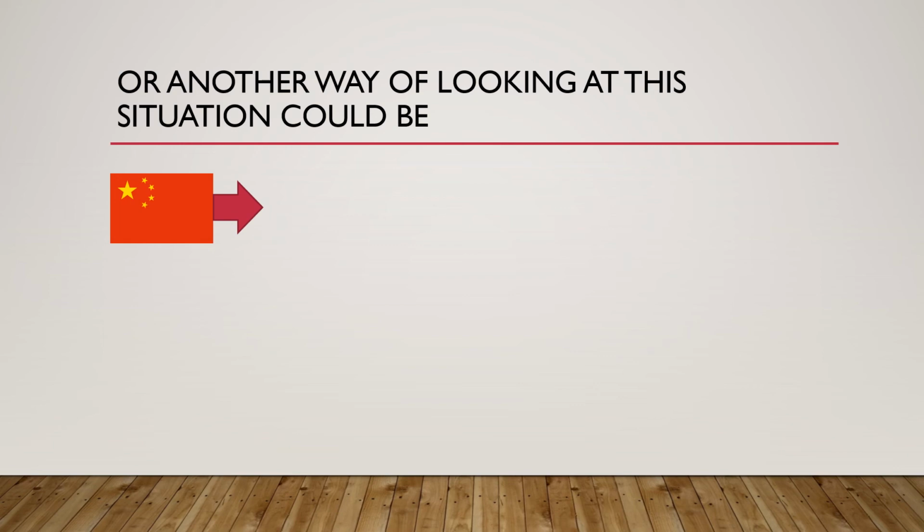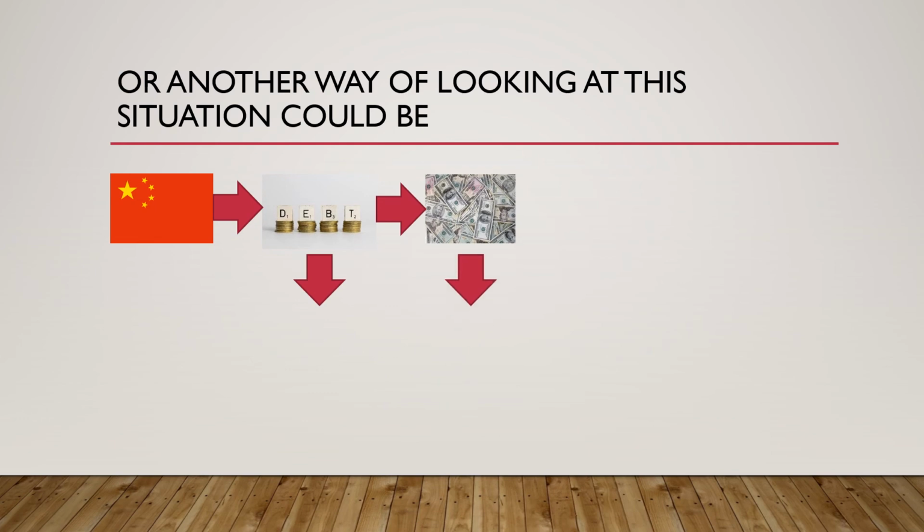Or it can also draw down its domestic debt and hence reduce its money supply. However, reducing money supply by drawing down its domestic debt can lead to a severe bout of deflation and can then amount to an economic depression in China, an option I'm sure China would certainly like to avoid.